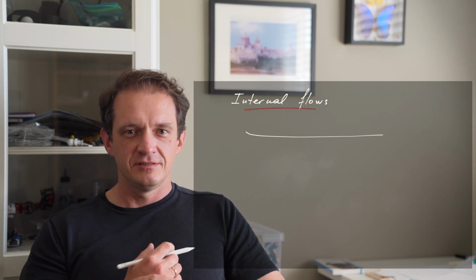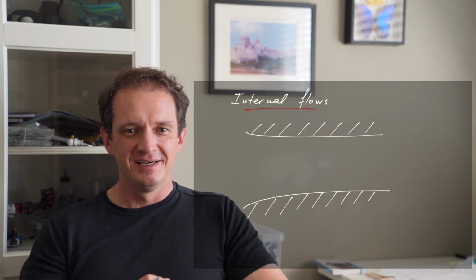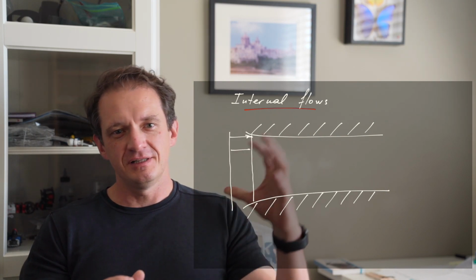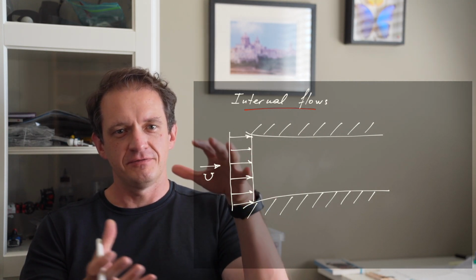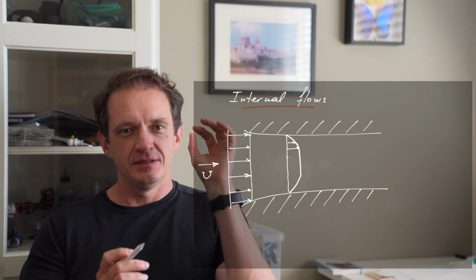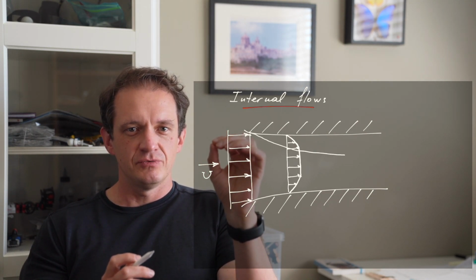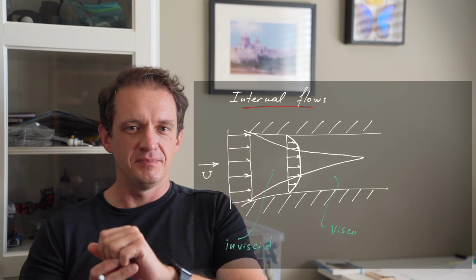We can also talk about internal versus external flows. The classification itself is straightforward. If it's a pipe flow, it's obviously an internal one, and the flow over an airfoil is external. If you consider a flow in a duct, for example, you can see the regions where an inviscid or viscous assumption can be made.